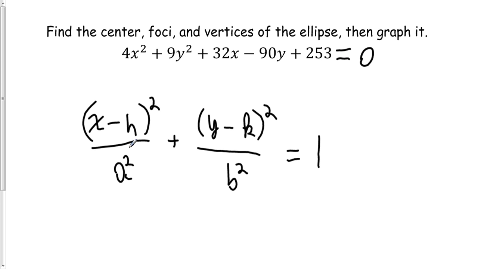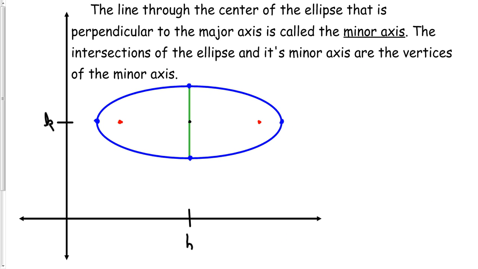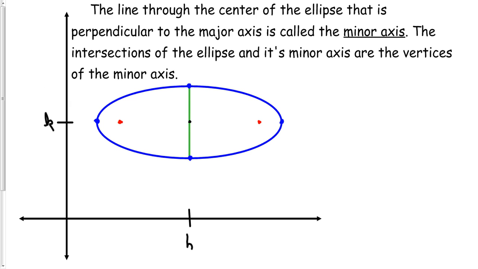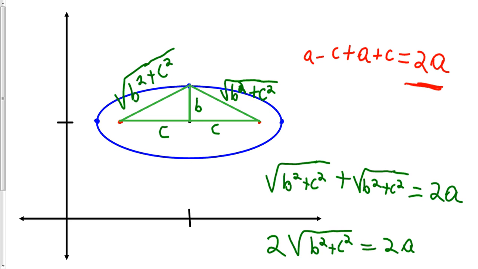We're going to look at the distance from the center to the vertices that are on the major axis, which is a. Remember we said that? The distance from the center to the vertices on the major axis was a. So if we can find a, we can find that distance, and we can find the ordered pair.